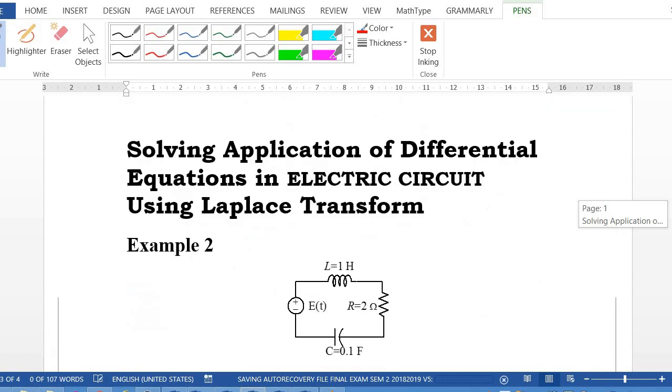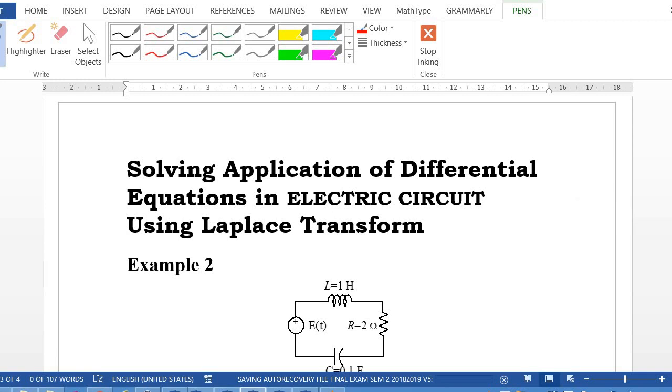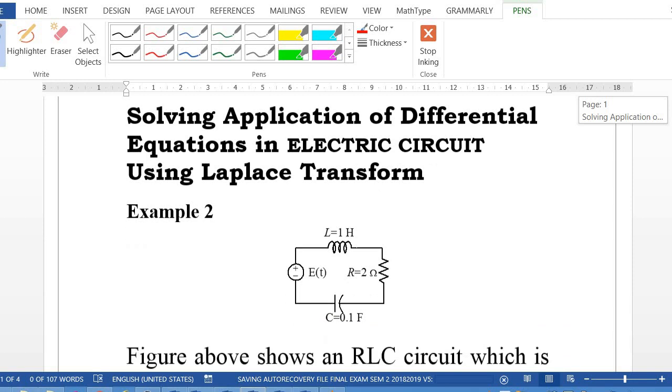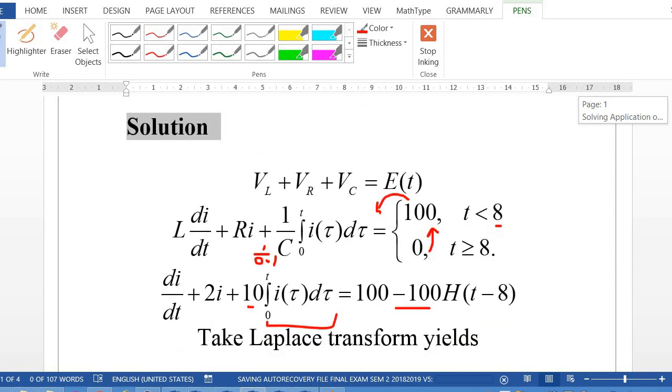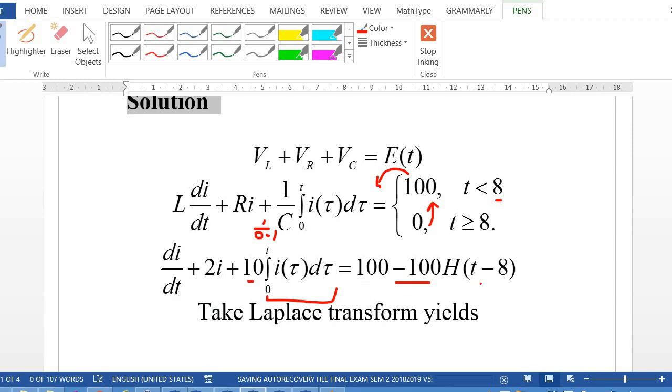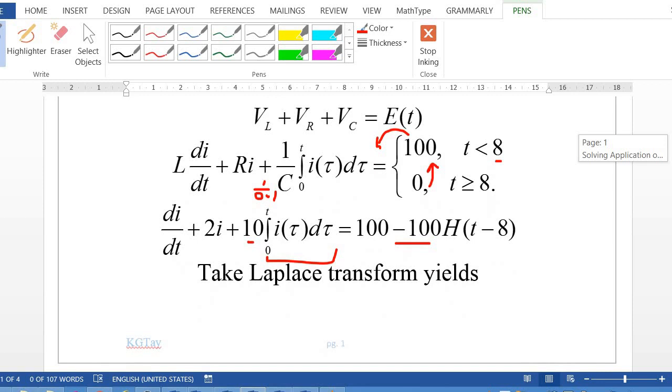This is for the application of differential equations in an RLC circuit, where E(t) is a step function. E(t) is converted to unit step functions, and then we take the Laplace transform of the left-hand side.